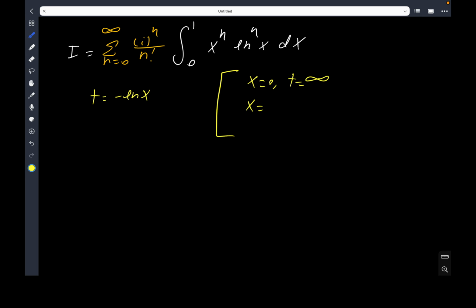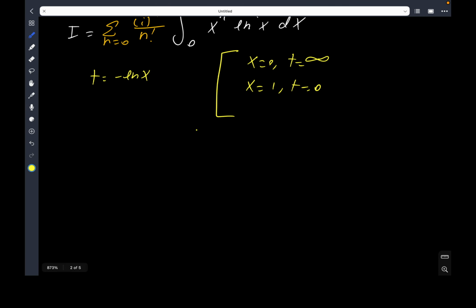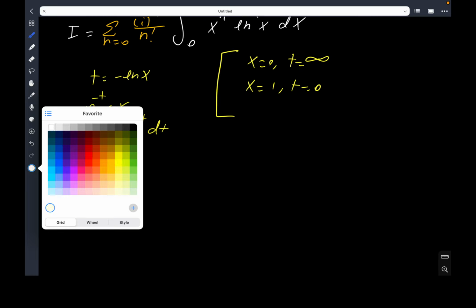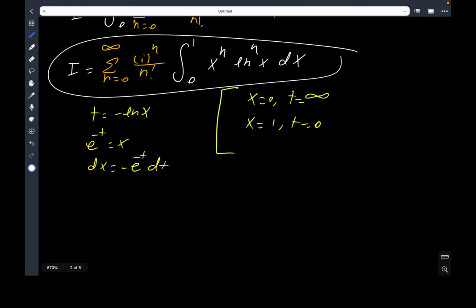And when x equals 1, t equals 0. Therefore, we can say e to the negative t equals x, and dx is negative e to the negative t dt. I can do all these substitutions for my integral here.